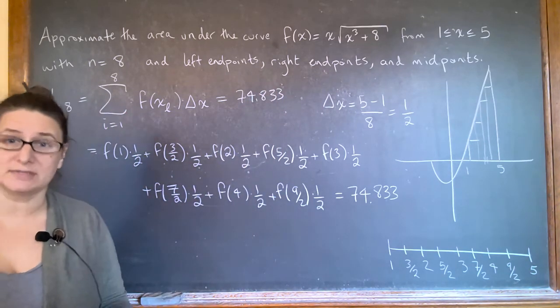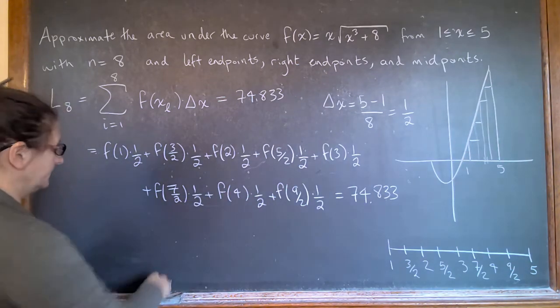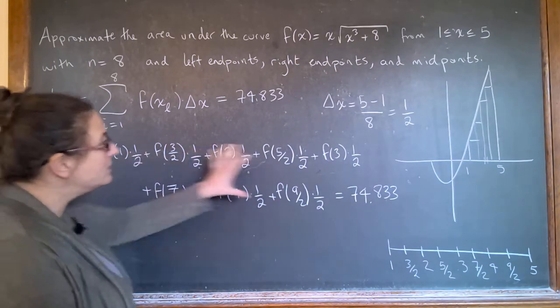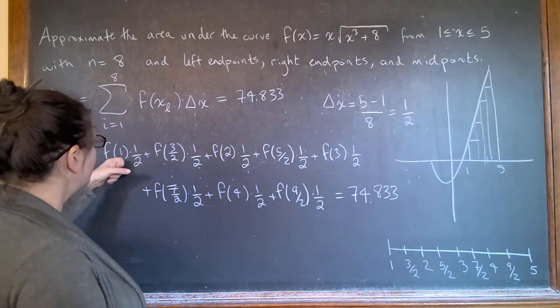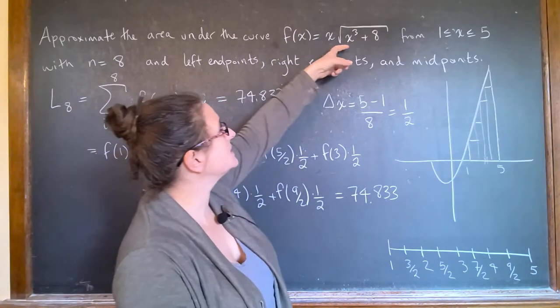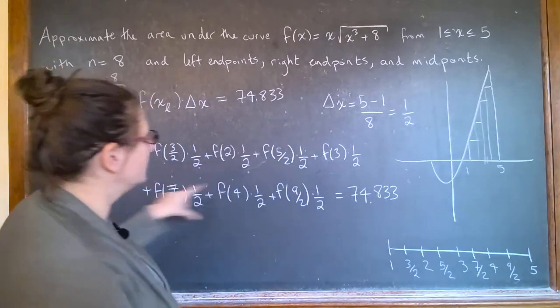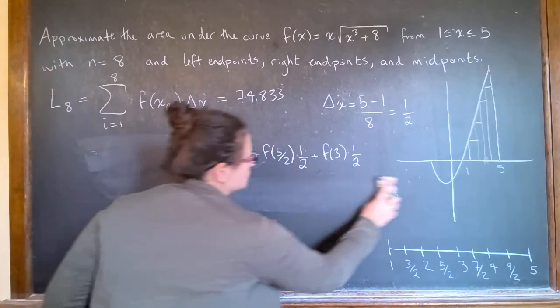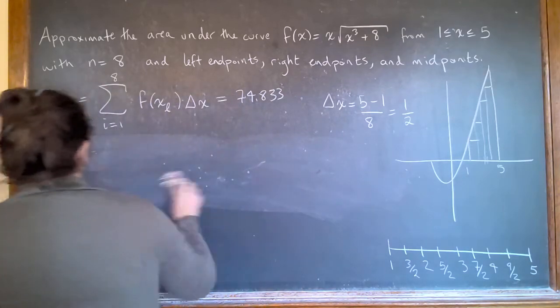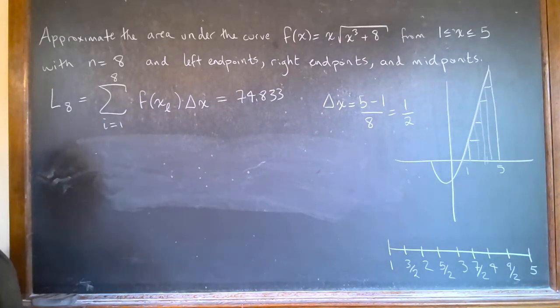Now I'm going to do the same thing with the right endpoint. I'm evaluating this by plugging each of these numbers into f of x and figuring all that out, and remembering to multiply by 1/2 in the end. There's going to be 1/2 on each one, right? My right endpoint is the same deal.